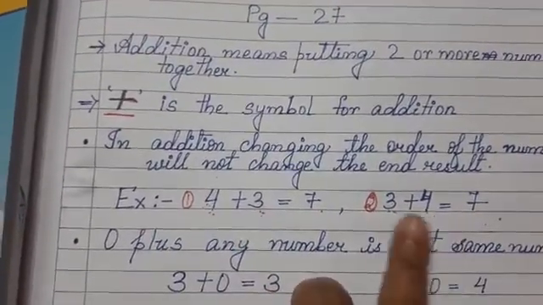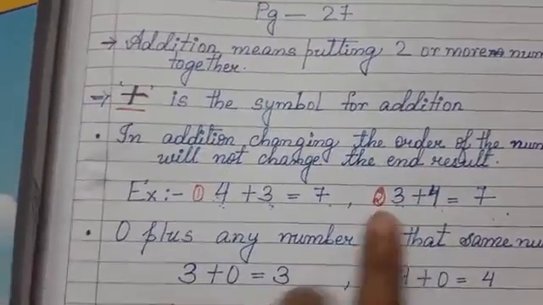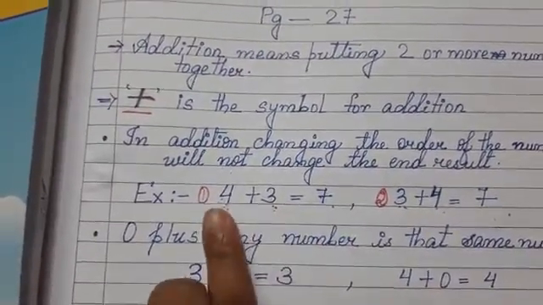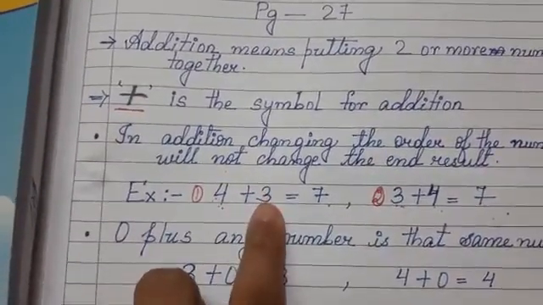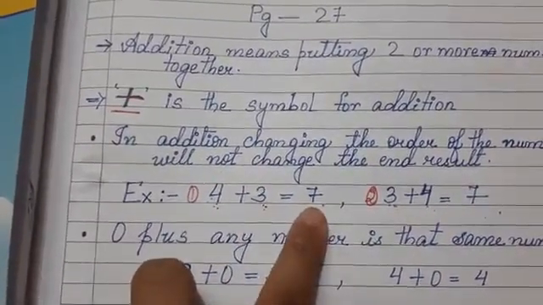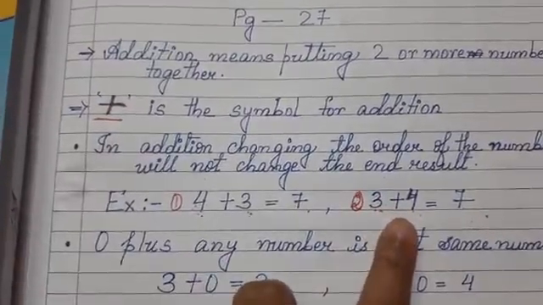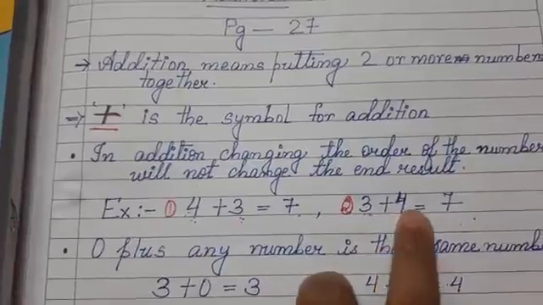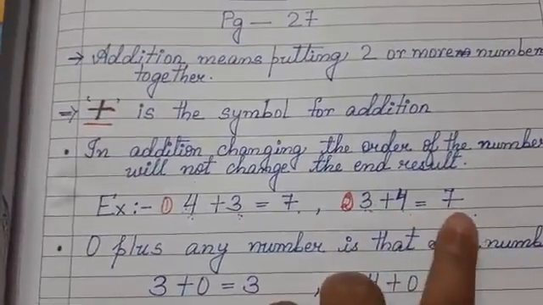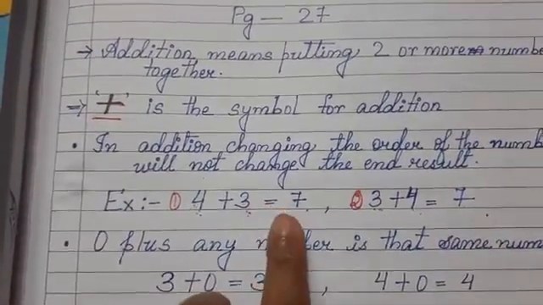In the first example we first put 4 and then placed 3 and got the answer 7. But in the second example, we placed 3 first and then 4, but we got the same result, that is 7, which is equal to the first example.